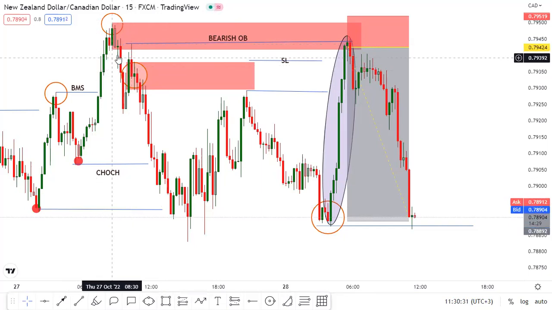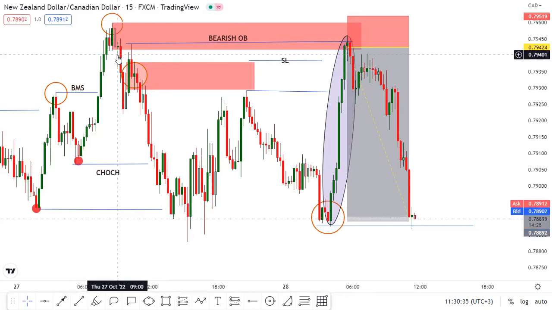So now we just have to make sure that our rules have been met. All our rules have been respected. As I told you before, our rules must be that we must see a movement to the downside or to the upside that causes a break of structure or a change of character. That was our first rule. Another thing, we must see that change of character or break of structure, as I've said.